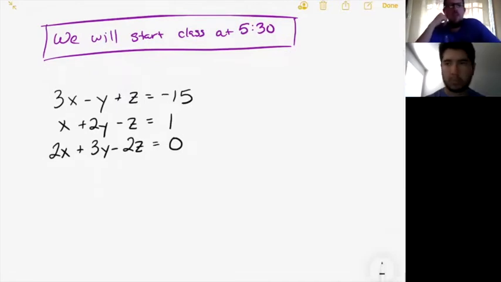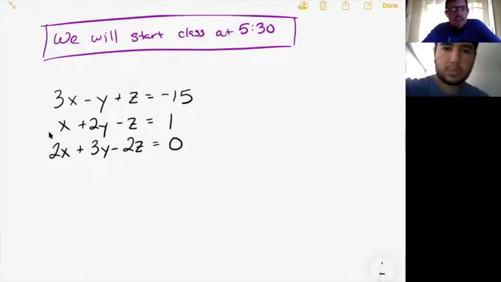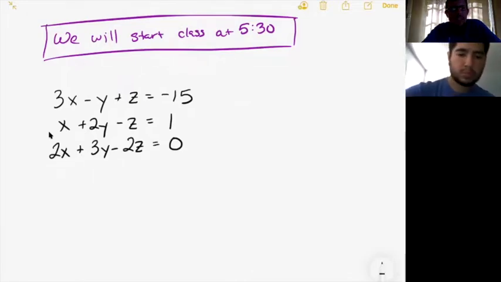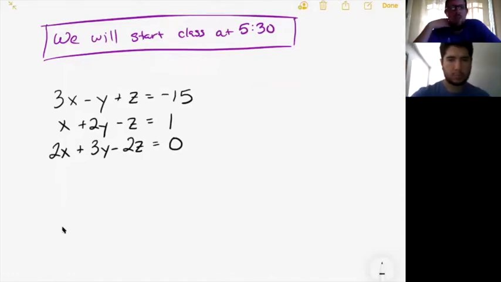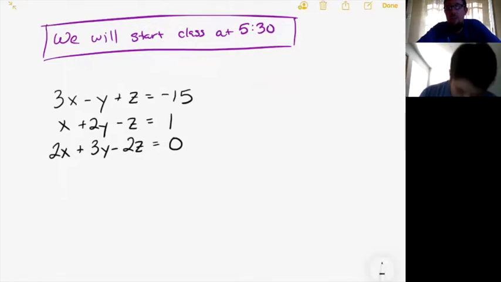Oh. So this is what a system in 3 equations looks like. And you will notice that it's got 3 variables in it, x, y, and z. So the methods that you learned last week aren't really going to work here because you definitely can't graph it with an x, y, and z in it.